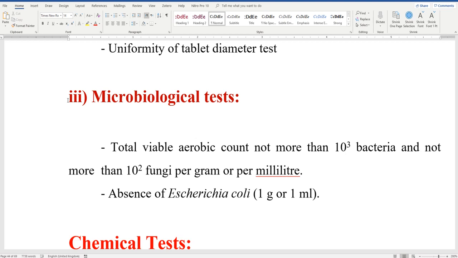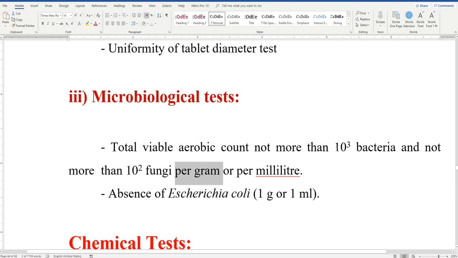They even try to control the air by controlling the number of particles in the air. Why are they doing all this? Just to make sure that the tablets they produce are hygienic.